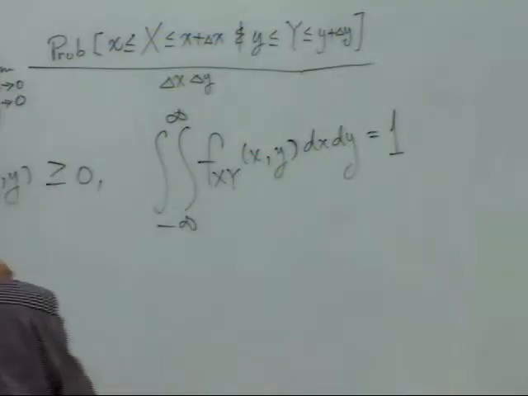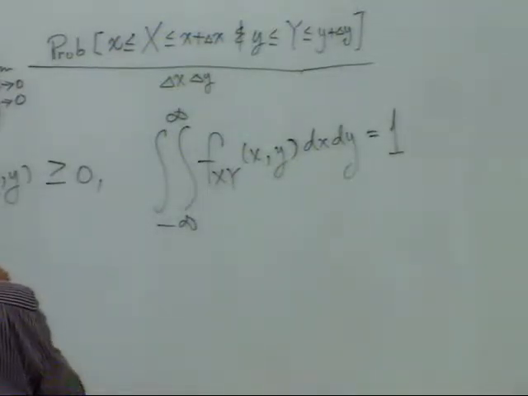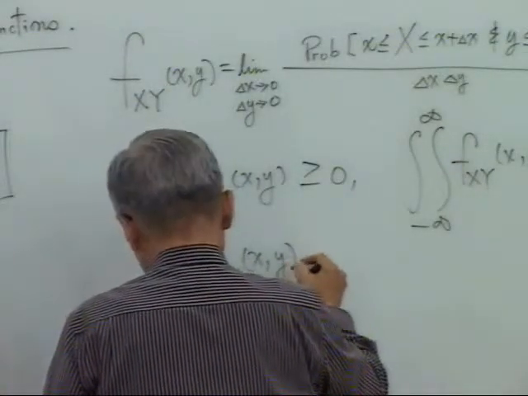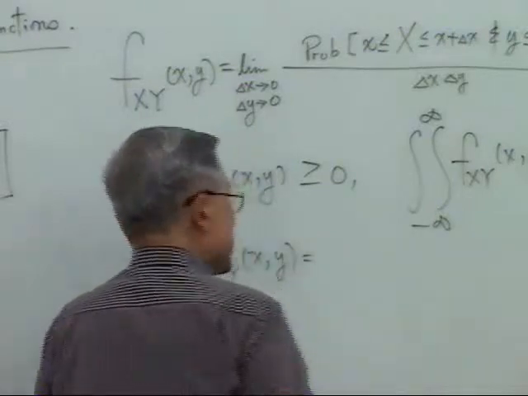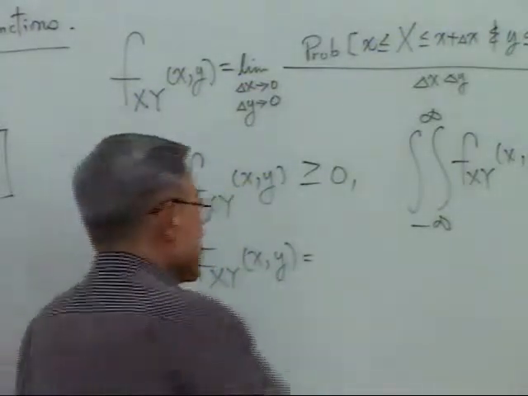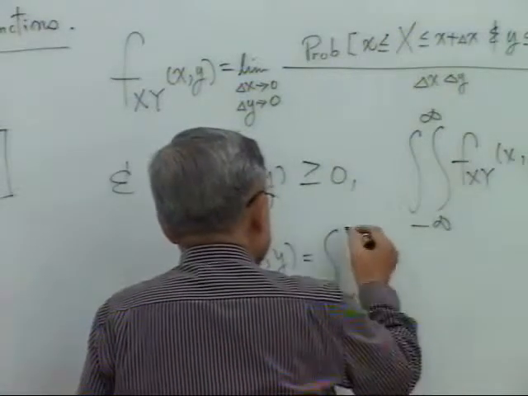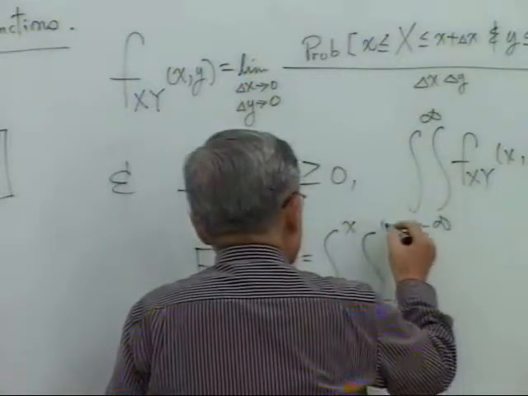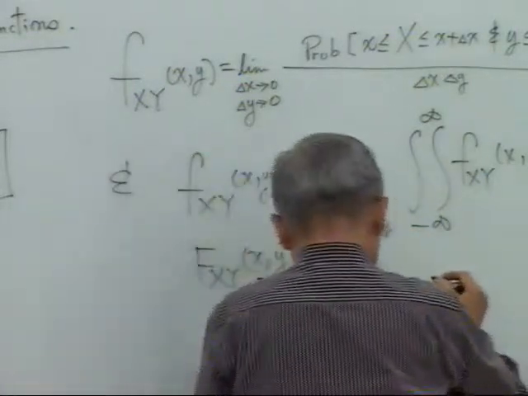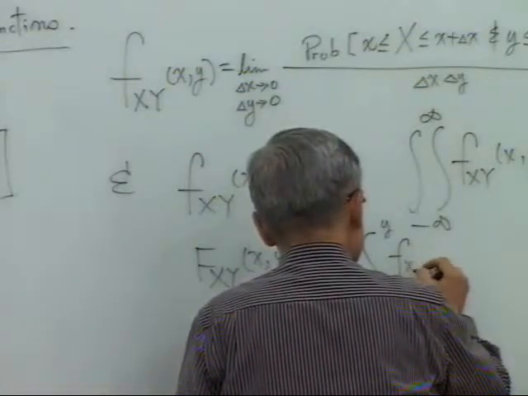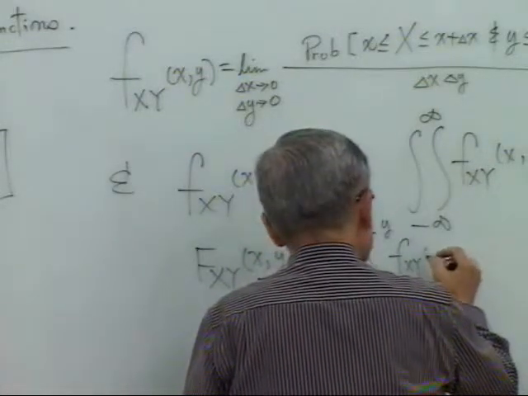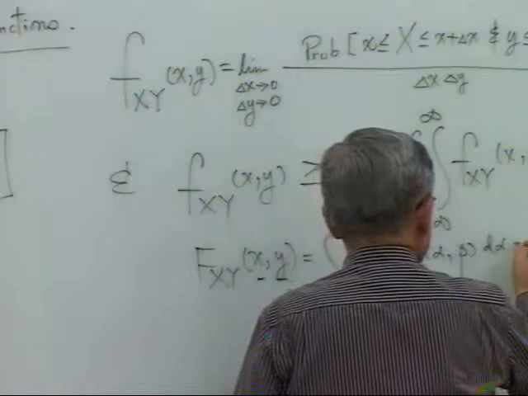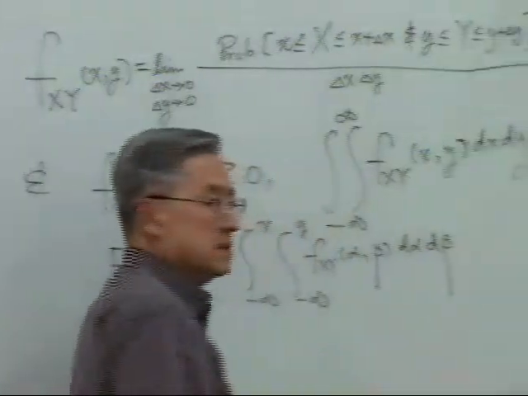So mathematically, capital F XY at a specific point x, y is equal to the integration from minus infinity to x and minus infinity to y of f XY, with integration parameters d alpha, d beta.